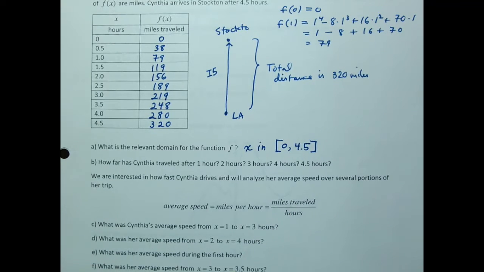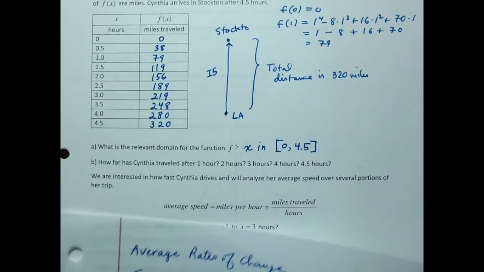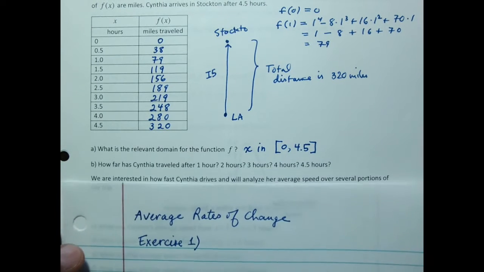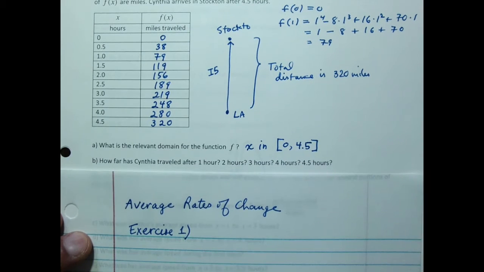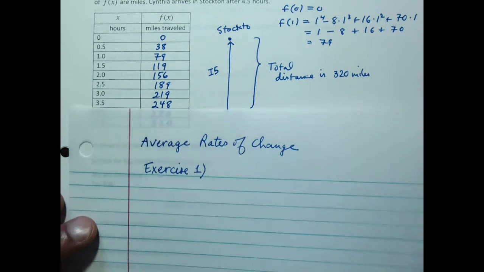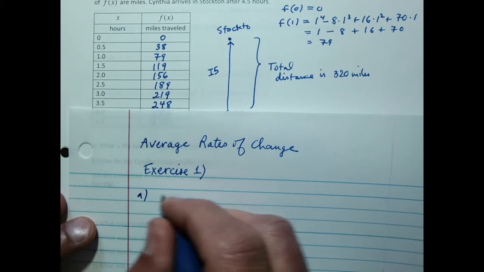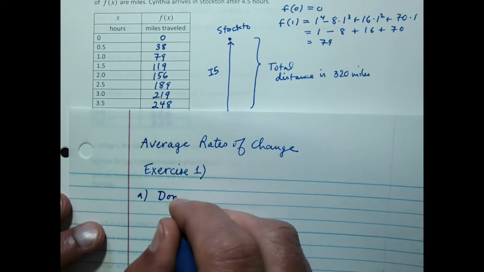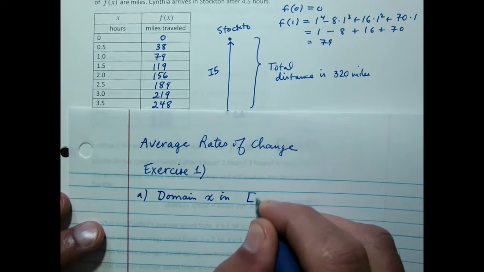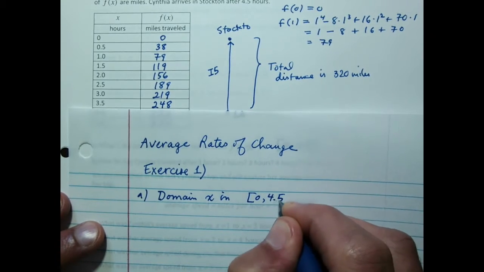So at that point, she stops driving. All right, now I'm going to start writing some of these on a separate sheet of paper. So for instance, A, the domain is x in the interval 0 to 4.5.